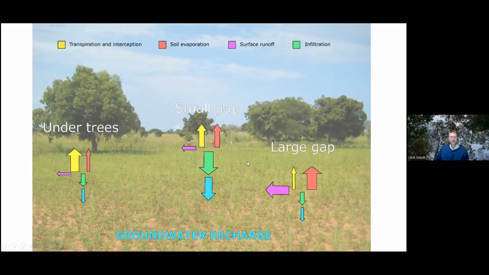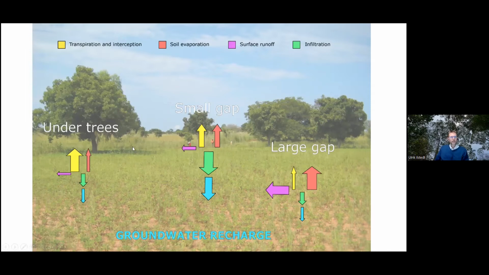So it consists of water that is lost from the trees through transpiration and interception, water that enters the soil through infiltration, and water that cannot enter because of too low infiltration capacity and is lost by surface runoff.